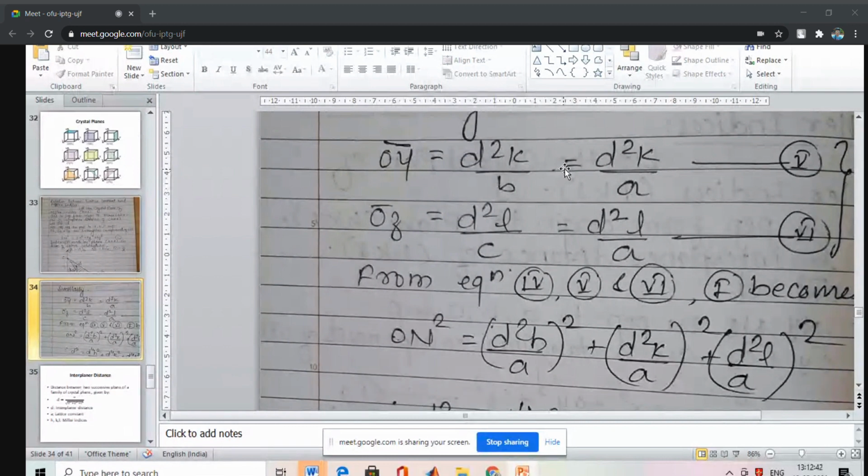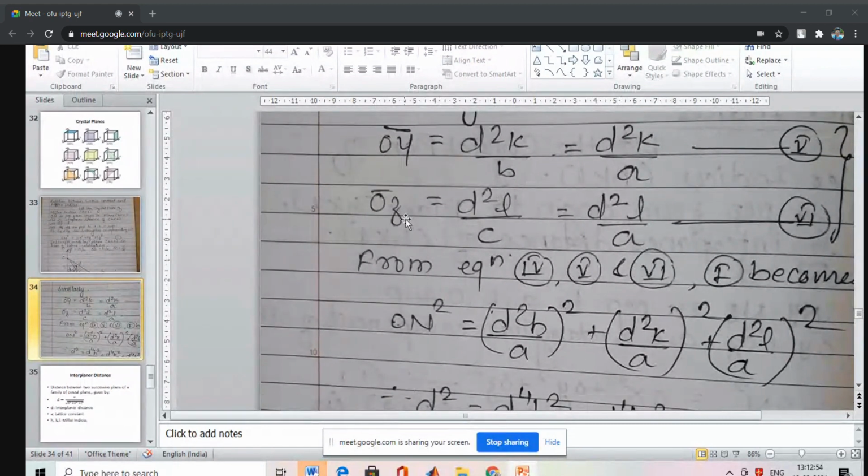So this will become d square k by b, and in case of cubic crystal structure, a is equal to b is equal to c, so instead of b, we will write here a. By the same way, OZ. In OZ, the third index will come, that is l. D square will remain the same. Third index of the plane is l upon c, and in cubic crystal structure, a is equal to b is equal to c, so this will become d square l by a.